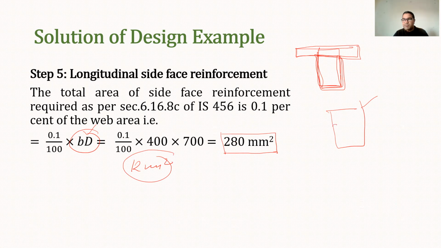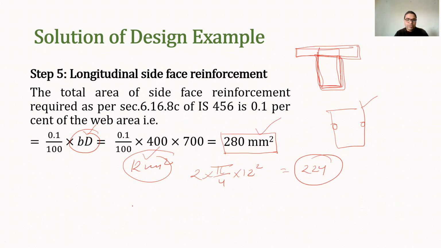So for example, if I provide one bar here, I have to provide one bar here also. So basically if we provide 2 bars of 12 mm dia, the total cross sectional area in this case would be around 224, which is less than the required value.